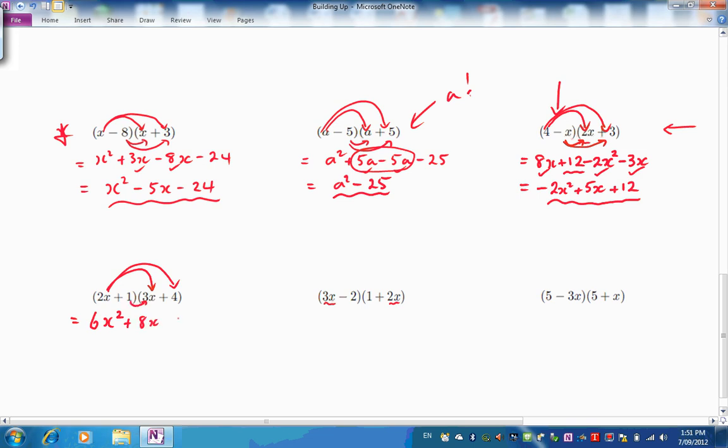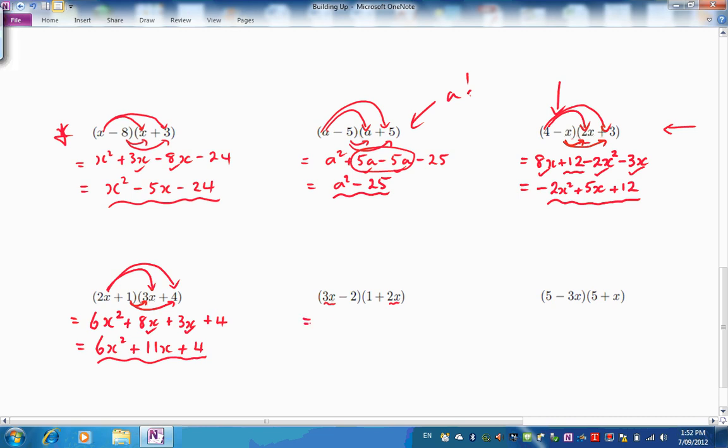Then 1 by 3x is 3x. And then 1 by 4 is 4. Making sure you're multiplying all the possible pairs together from the two brackets. There's only one x squared term, so I put that out the front. 8x plus 3x is 11x. Only one number. You're starting to see that this factored form, when you multiply it out, gives a certain pattern.